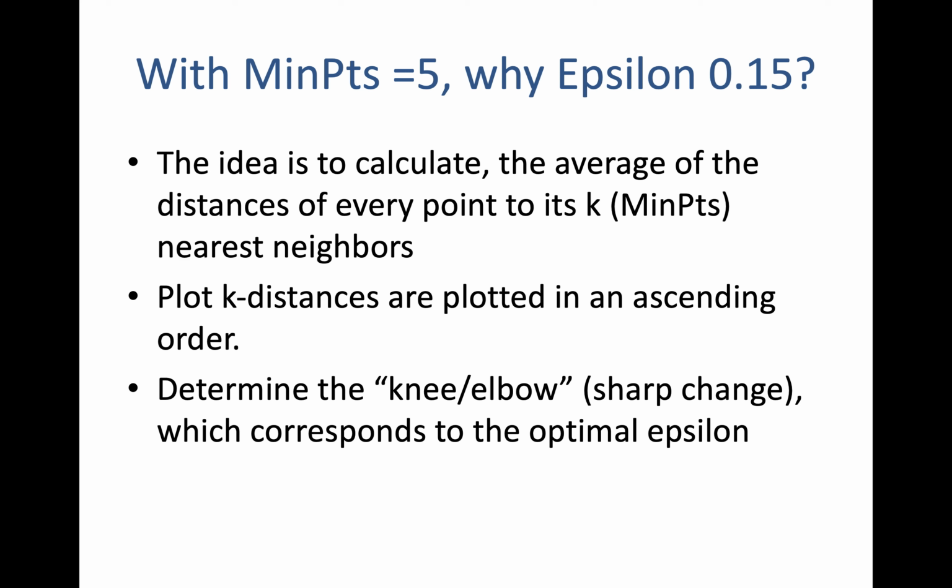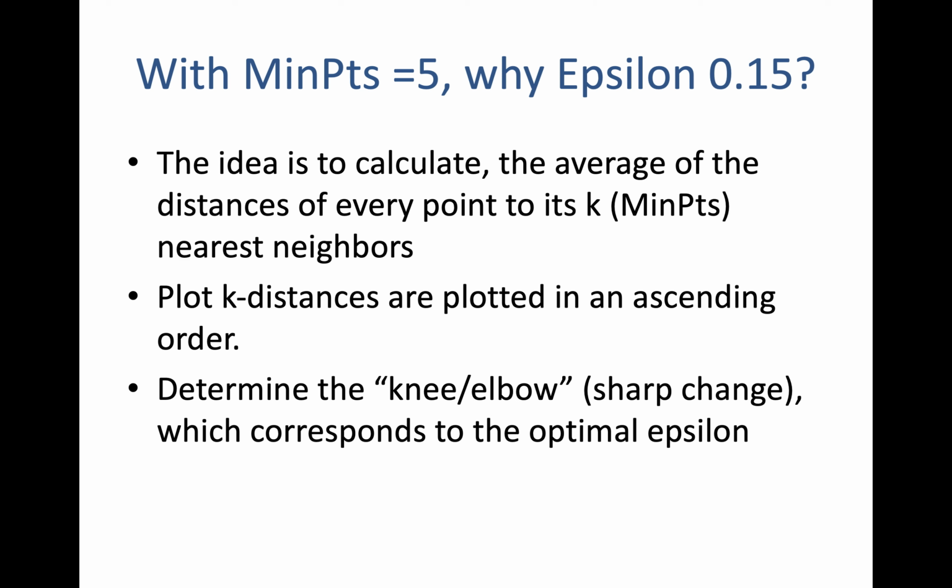And we have just assumed that choice, but a choice of the minimum number of points is relatively obvious. If you know your data and you know what types of clusters you are looking for, you could set up that minimum number of points. For example, say you are clustering states, so you could say, okay, I just want to identify clusters that have at least 10 states, for example.